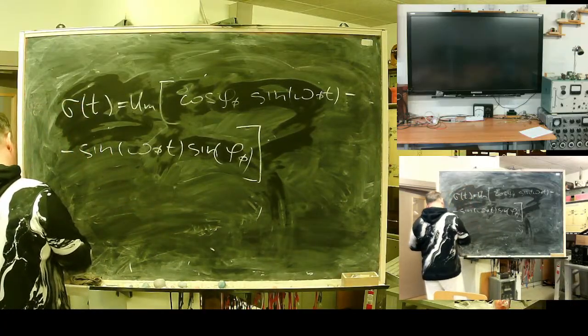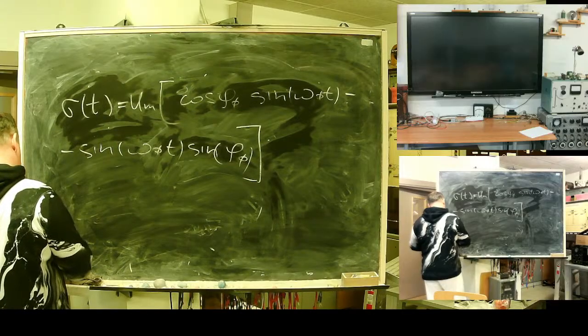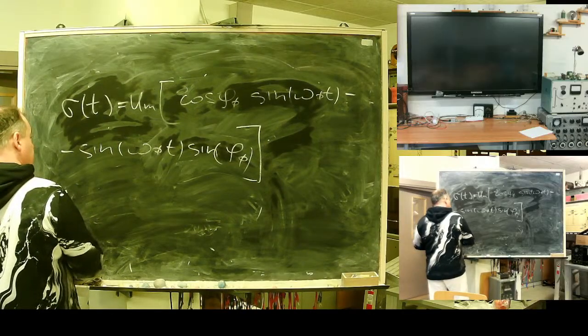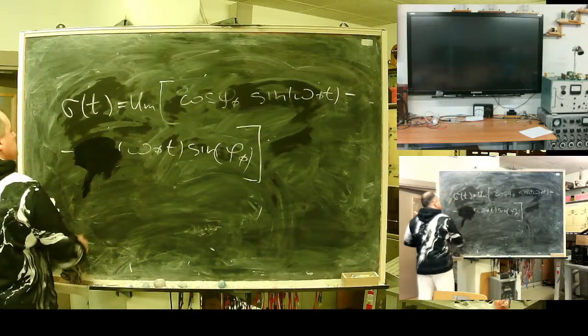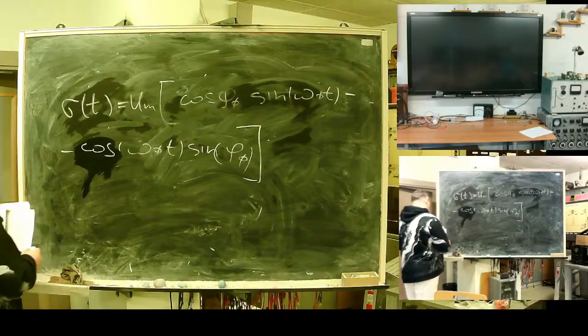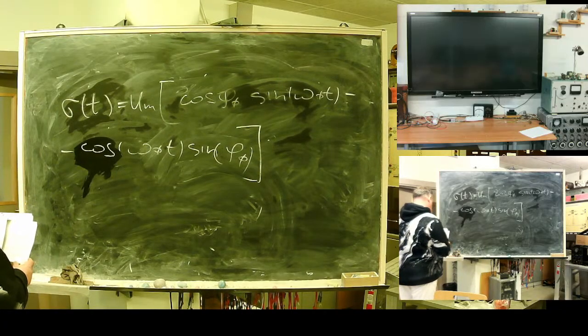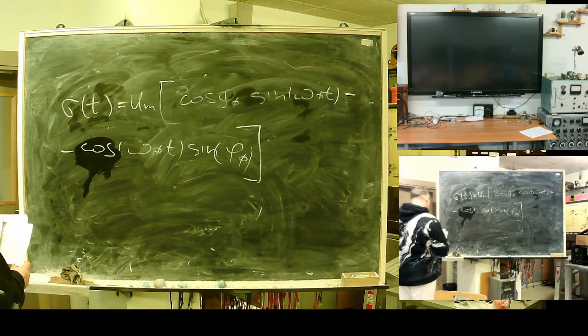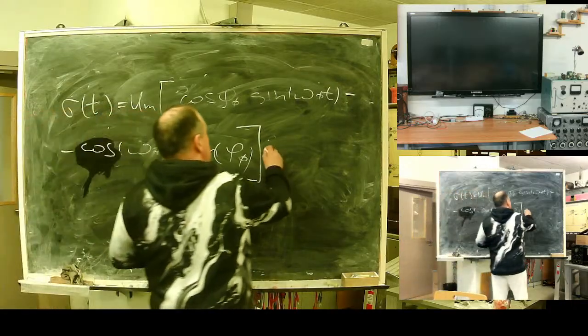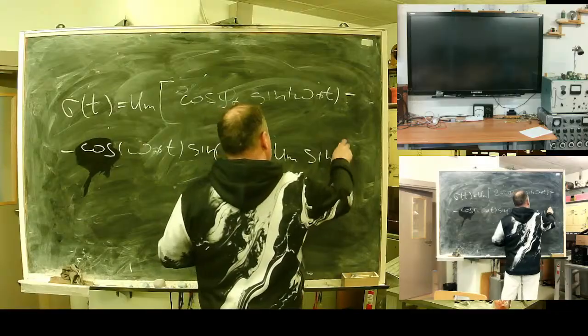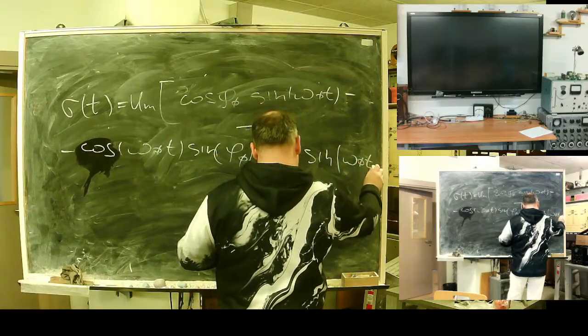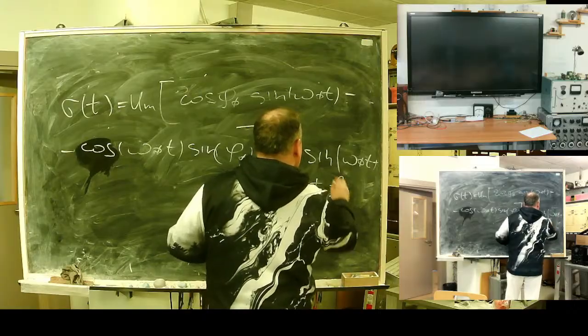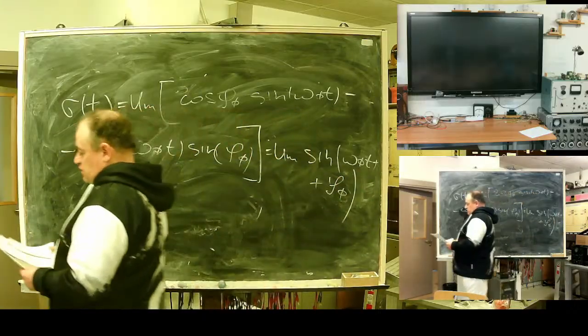Halt, there is a mistake here, cosine. This equals A max sine of omega 0 t plus phi 0. Quadrature: they are shifted by 90 degrees.